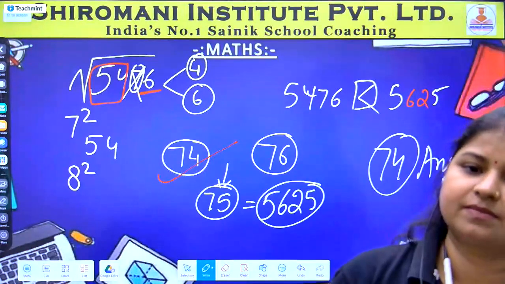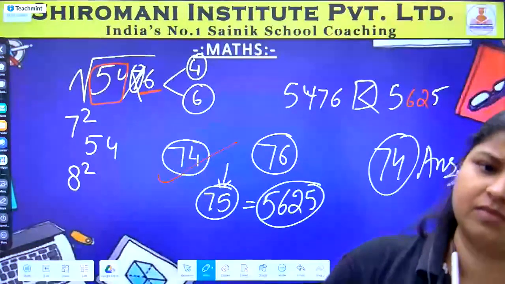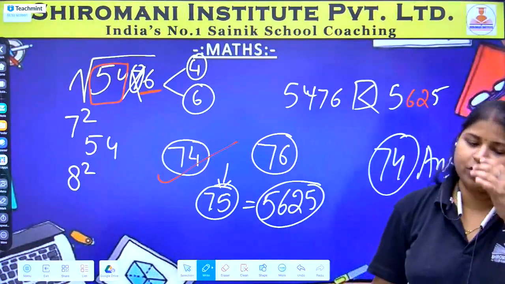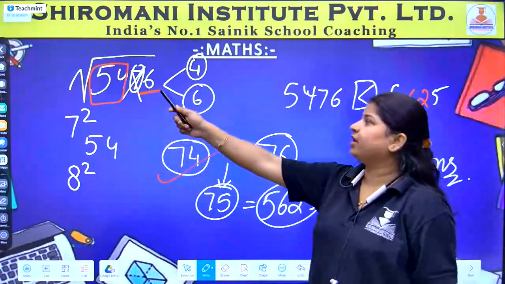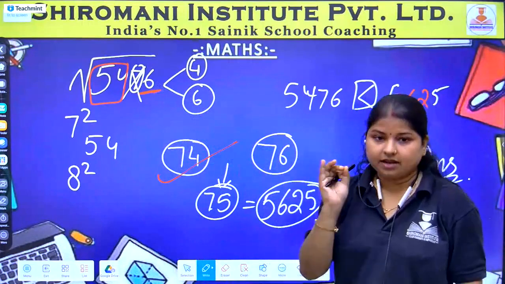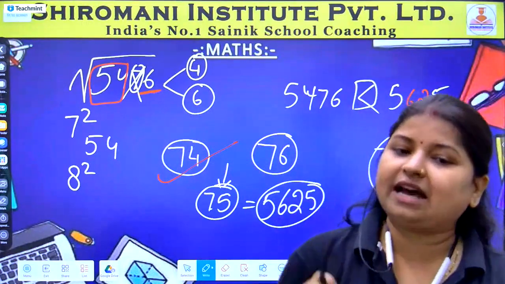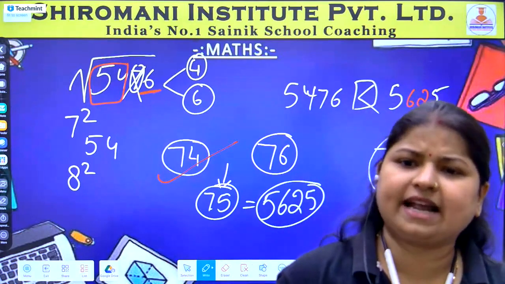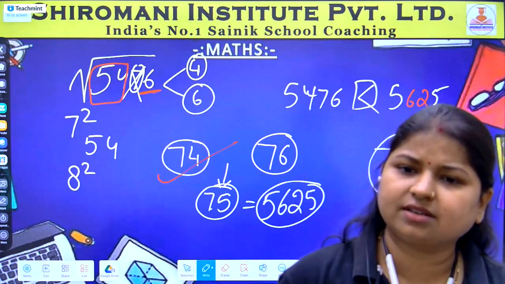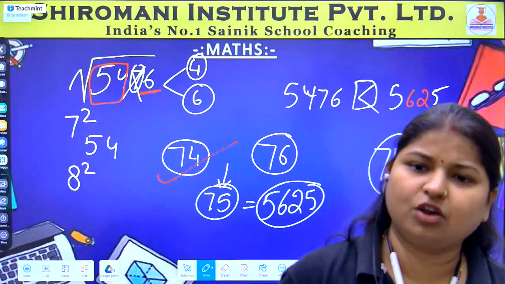Yes, Tejas. Ma'am, I didn't get how the 74 and 76 came. Because you joined the class late, Tejas. You already skipped 2 questions. 6 is the last digit. You have to see that if the last digit is 6, which number has 6 at the end? Yes, Mognesh? Ma'am, nothing. Your mic is on, beta.